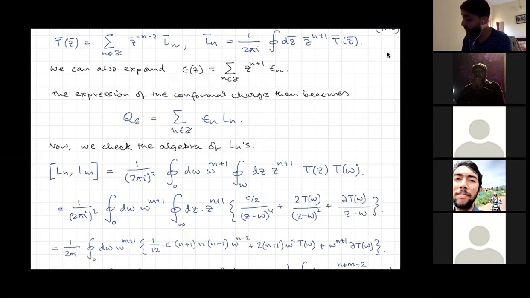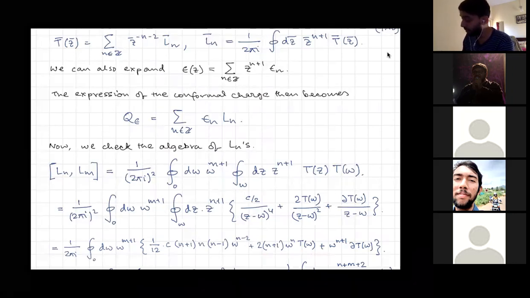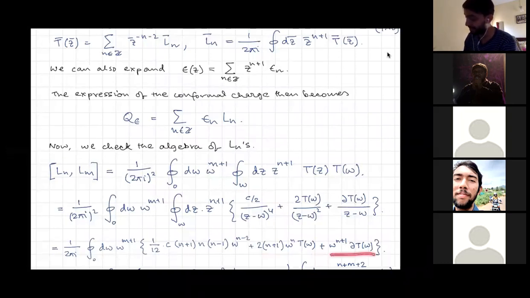Now for the next one, this particular term is a pole of order 2, so you are going to differentiate it once, and so what you get is just this. You have an n minus 1 which comes out, and the last one stays as it is.